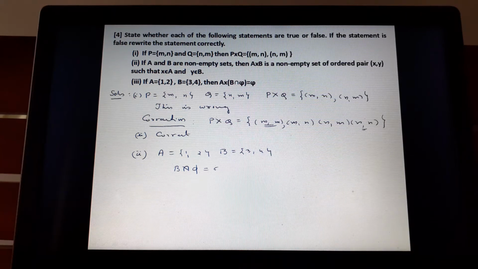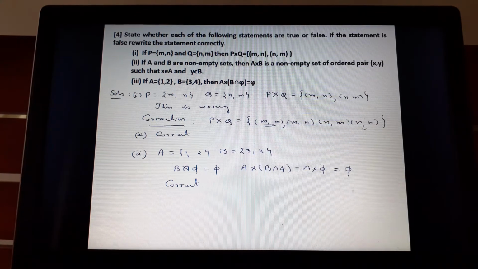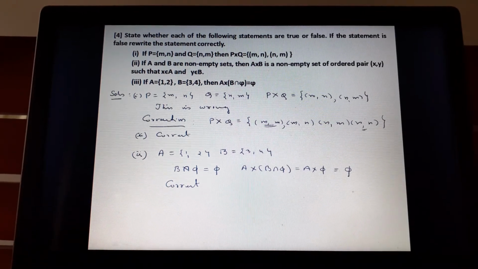So B intersection phi is phi, because whenever you take intersection with the empty set, it is phi. So A cross (B intersection phi) is the same as A cross phi. And remember, the second set has no element, therefore this cannot have any element, therefore this is phi. So this is correct. Third statement is correct. So this is the fourth question.